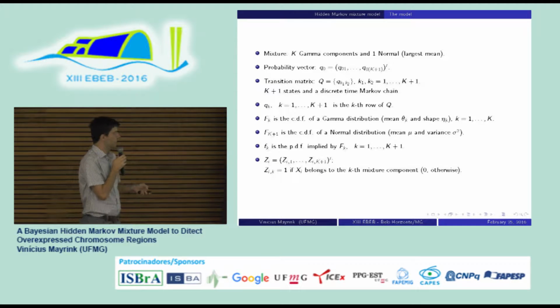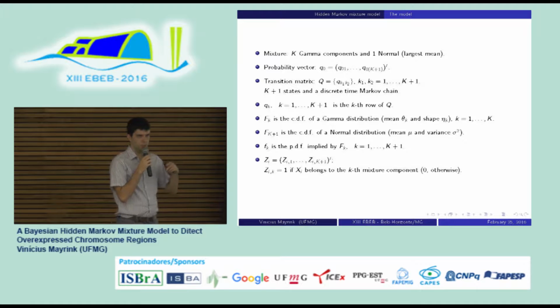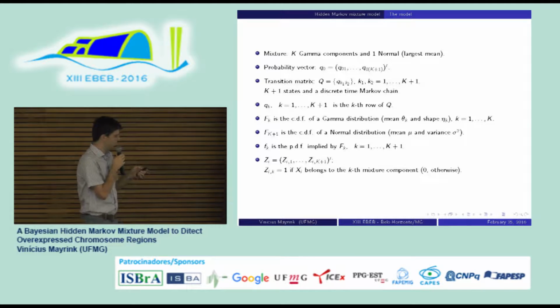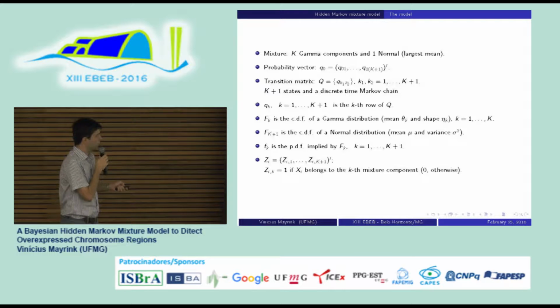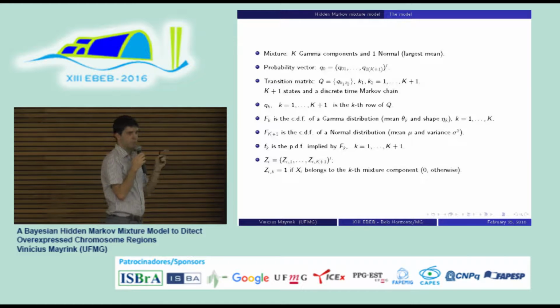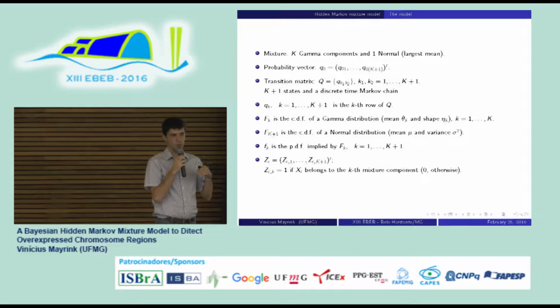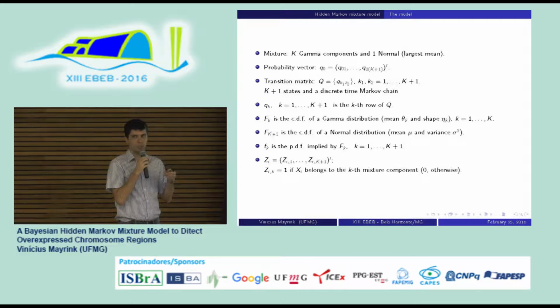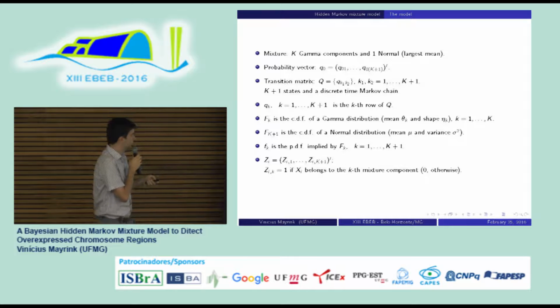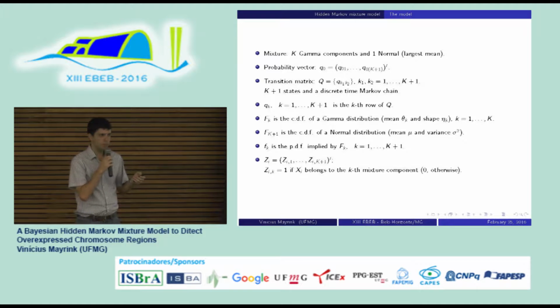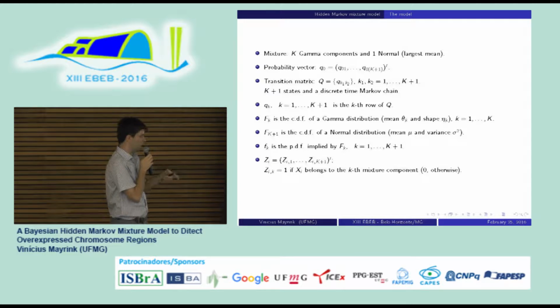In order to model that multimodal and skew shape, we decided to introduce this mixture model with k gamma components and one normal component. The normal component has the largest mean, which will accommodate the overexpressed values. And basically, we define in our model this Markov structure with Q0 being a vector of probabilities when we don't have any Markov dependence across the array, across the sequence.